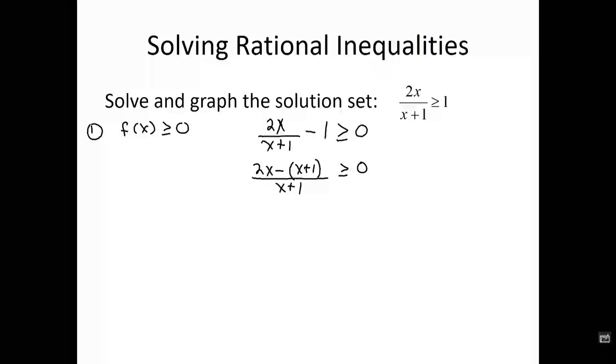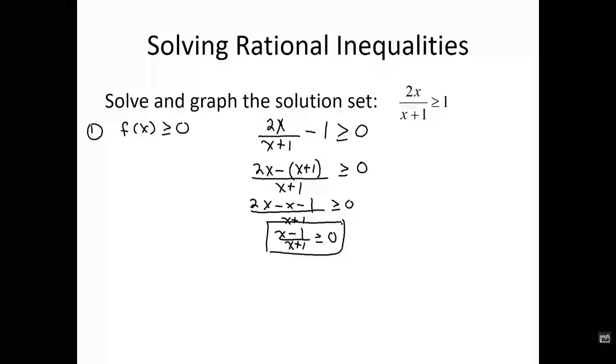Let's simplify. We have 2x minus 1 divided by x plus 1 is greater than or equal to 0. Combining like terms, we have x minus 1 divided by x plus 1 is greater than or equal to 0. So this is the rational inequality that we will deal with.